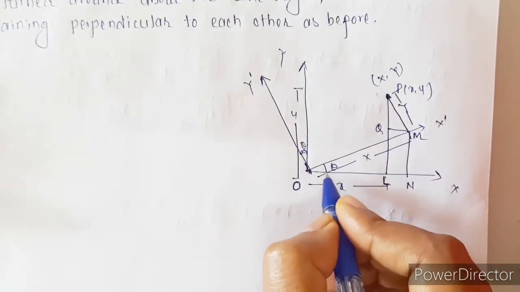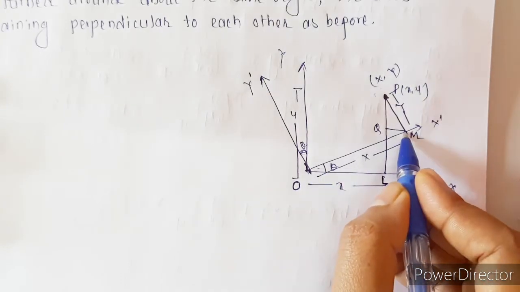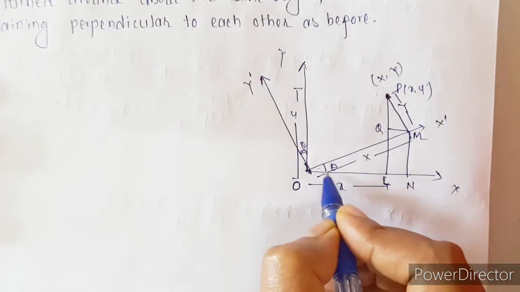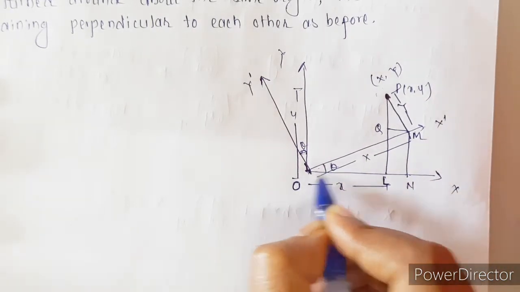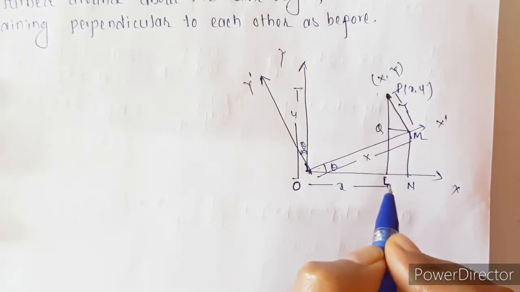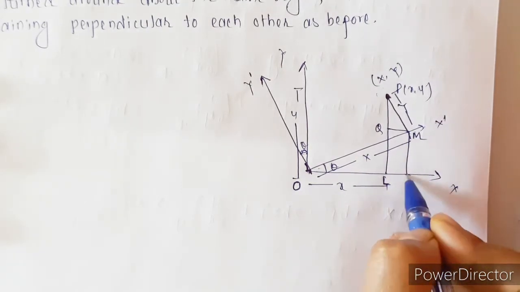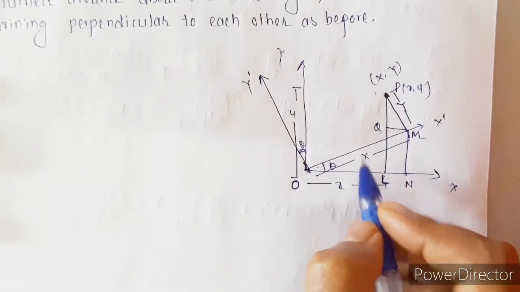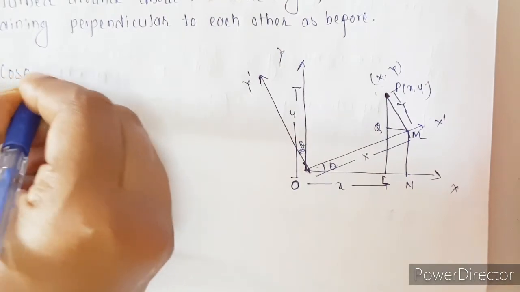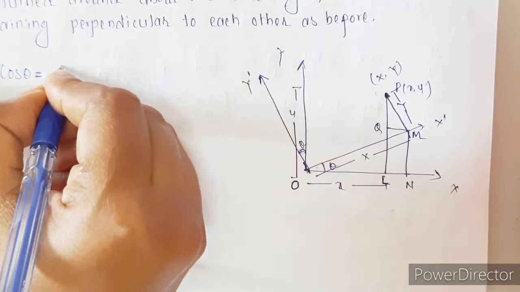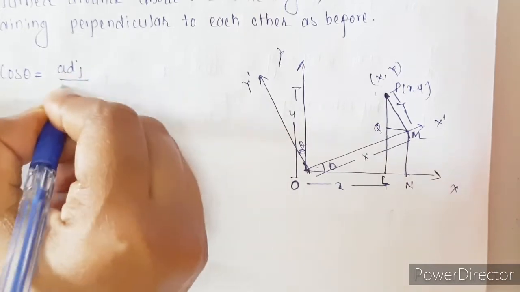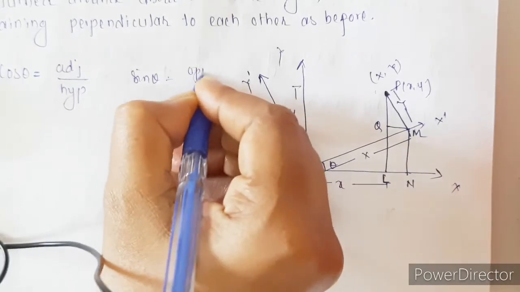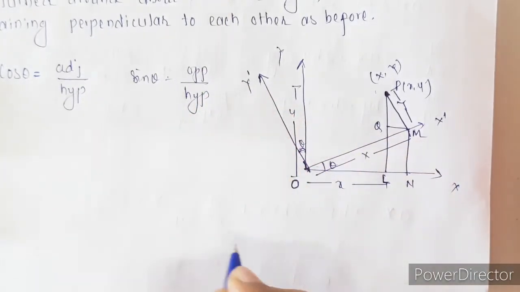Now suppose I want to write this distance x. Suppose I want to find this distance ON. This is theta, and I want to find ON. Let me start with MN. cos theta is adjacent upon hypotenuse, and sin theta is opposite upon hypotenuse.